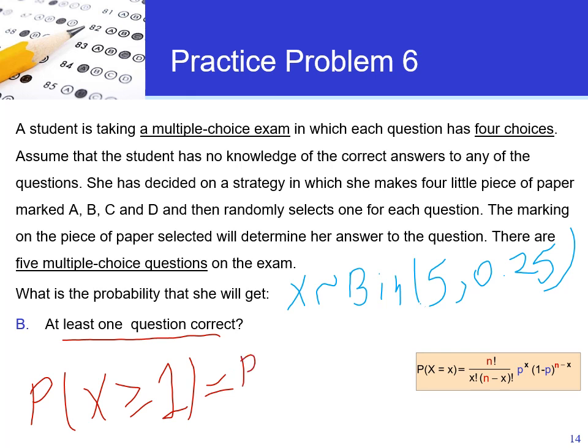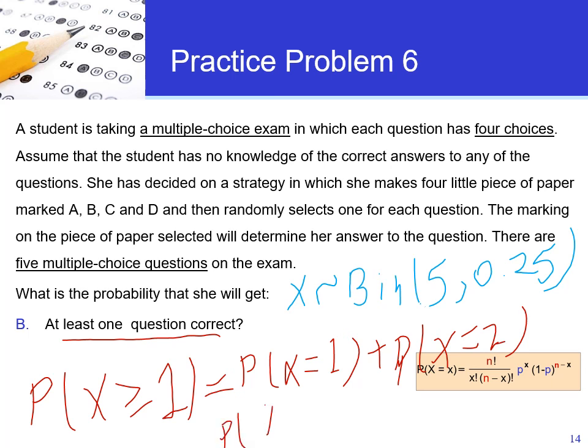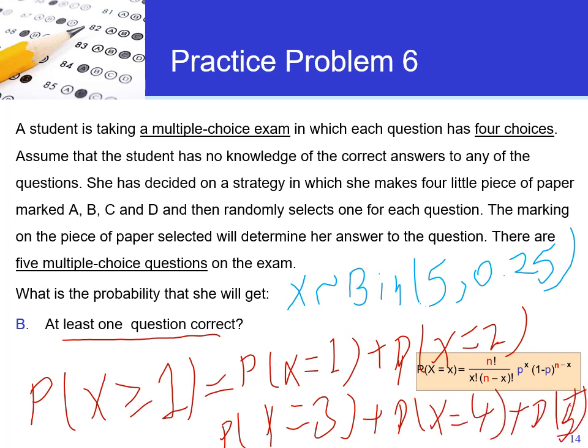So it means getting 1 question correctly, plus getting 2 questions correctly, plus the probability of getting 3 questions correctly, plus 4 questions correctly, and 5 questions correctly. All right.